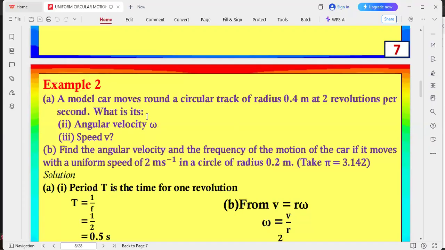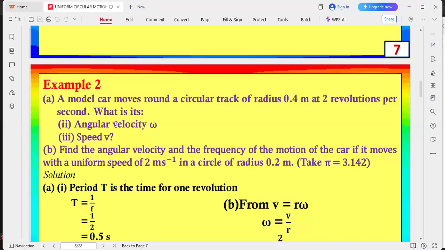Among the 4 formulas we've learned, you choose according to the quantities given. Here we have radius, and we also have revolutions per second. So I think revolutions per second can give us omega in terms of 2 pi f.